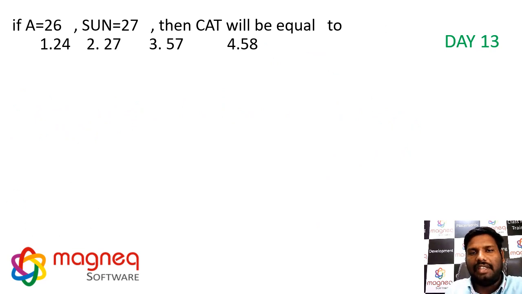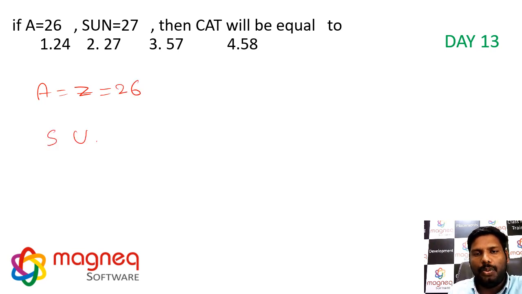A equal to 26, SUN equal to 27, then CAT will be equal to what? A's opposite letter is Z, value 26. The sum of an opposite pair of letter values is always 27.